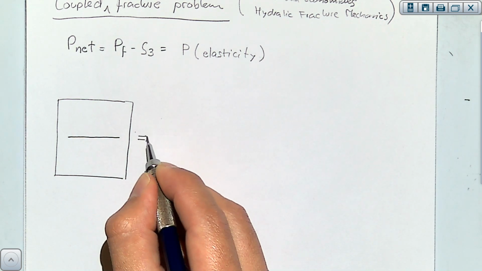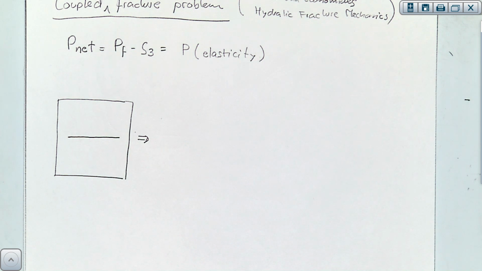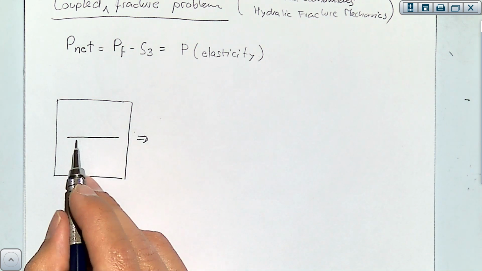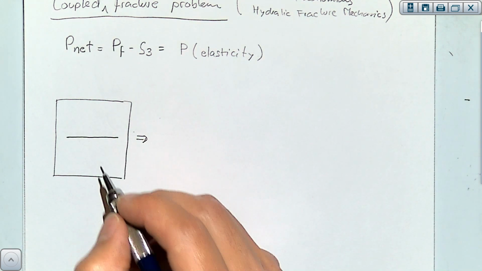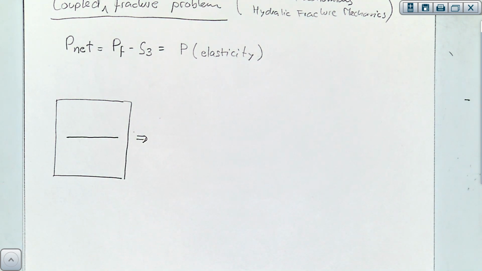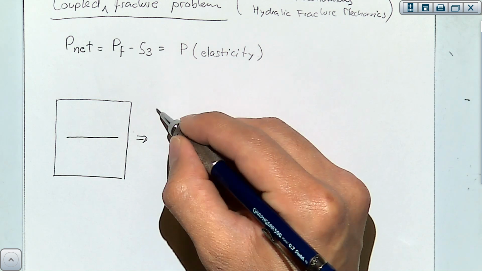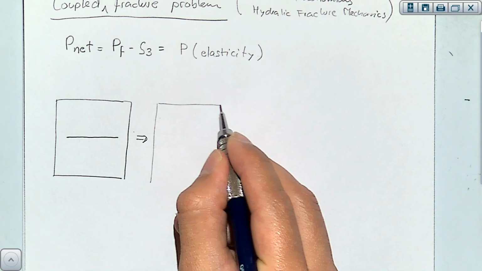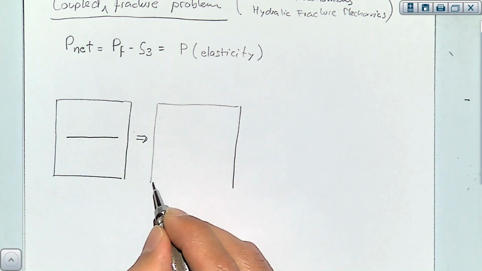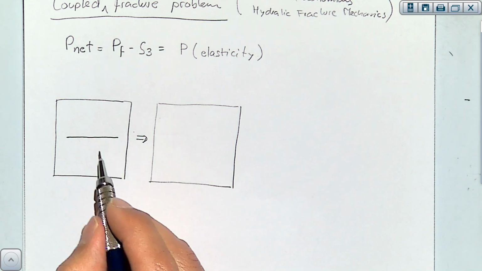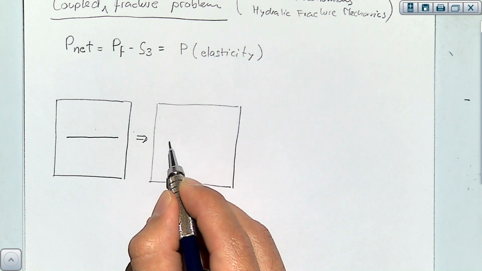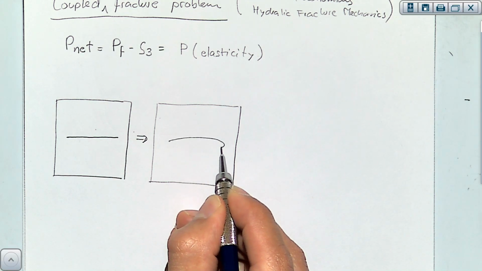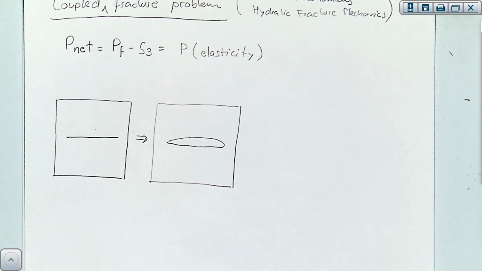So in order to open this fracture, this is an elastic medium, and since it is elastic and infinitely long in these two directions, in order to open a fracture, you really need to move the solid up and down. And this is going to look something like this.